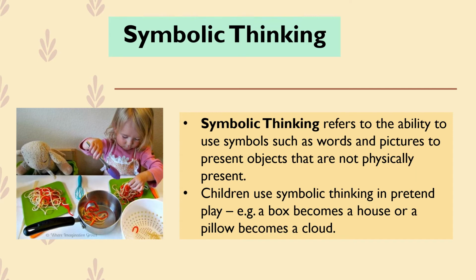Okay, so what that means is a child might take some strips of wool from her mother's sewing box and say, hey, these are noodles. And she might pretend to have noodles with her toy, I don't even know what animal that is, with her toy sheep or whatever. Okay, so that's symbolic thinking.